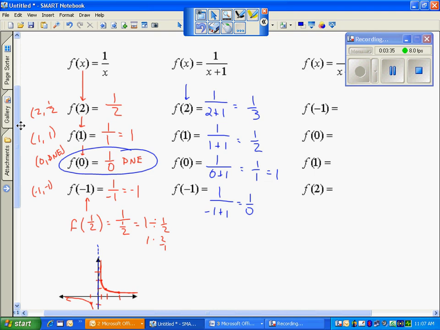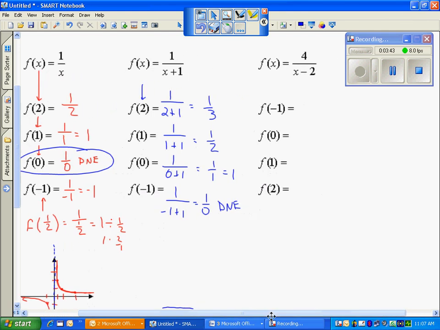Graphing that again is a little difficult. So we're just going to worry right now about what values in my input, x, or domain will not work. So in this case, negative 1 is not in the domain. It cannot be an input value in 1 over x plus 1.